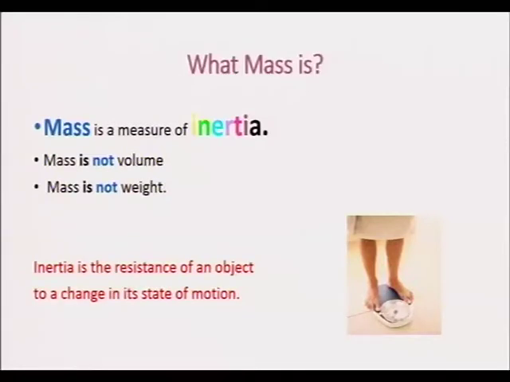I will give you an example of a moving car. You are sitting in a car, and the car is traveling at a certain speed, let's say 120 kilometers per hour. This car is moving very fast and you are sitting there, relaxing. All of a sudden, the driver hits the brake.